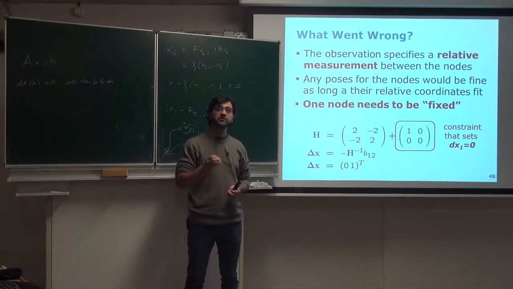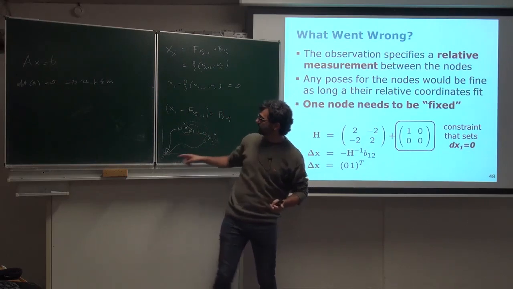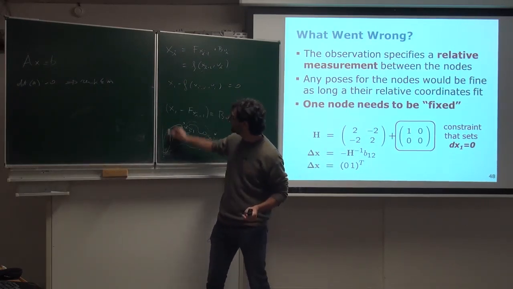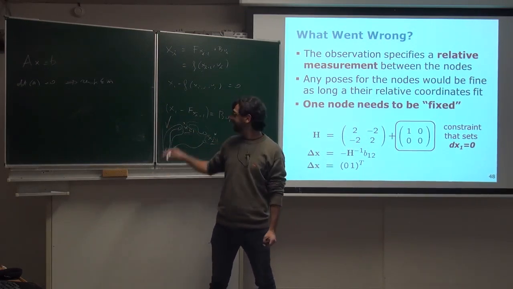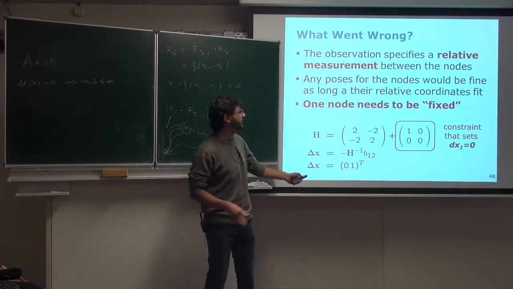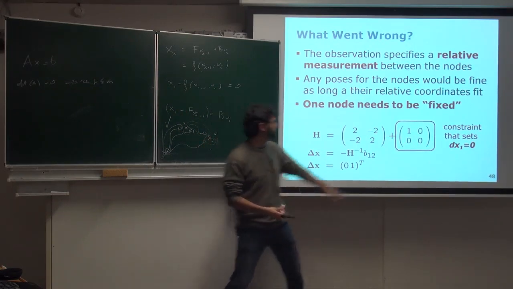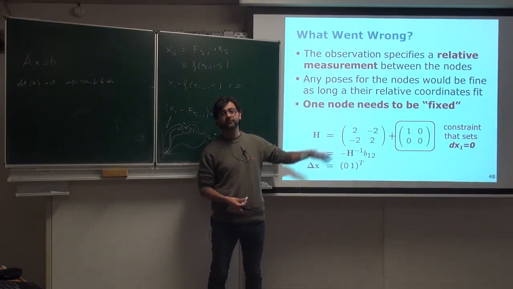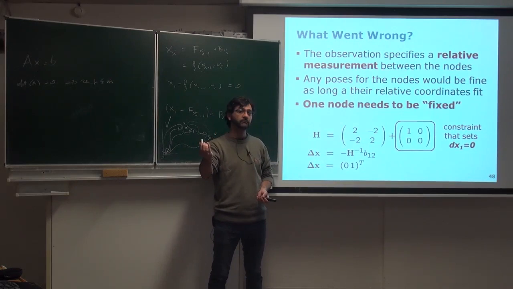This actually gives us an additional measurement that says this one is something I know for sure, and I'm telling the problem that I know it by just considering it as another measurement. So a measurement will add something to the H, and in principle should add something to the b as well, but if you say that the initial location is 0, then it will just add a 0 to the b.